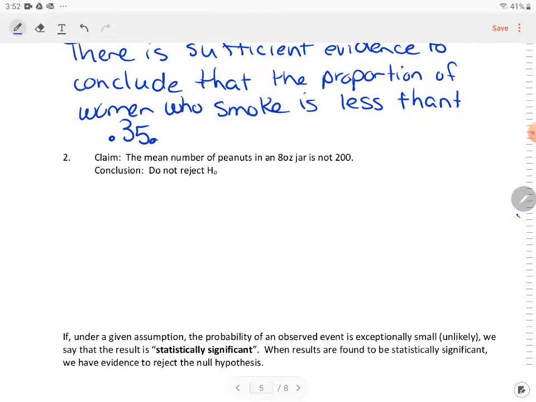Okay, number 2. Claim: the mean number of peanuts in an 8-ounce jar is not 200. Do not reject.